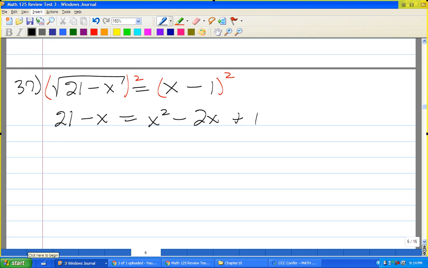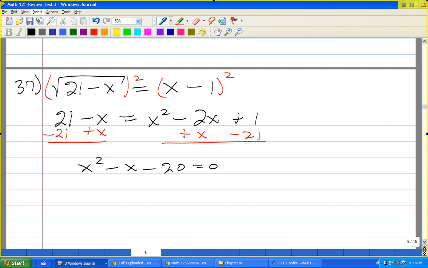Now let me add x and subtract 21 from both sides of my equation. And so I get x squared minus 2x plus 1x is minus 1x. 1 minus 21 is minus 20.